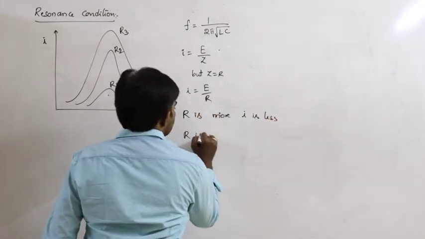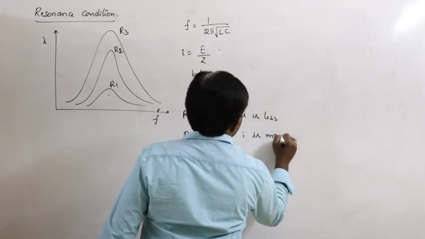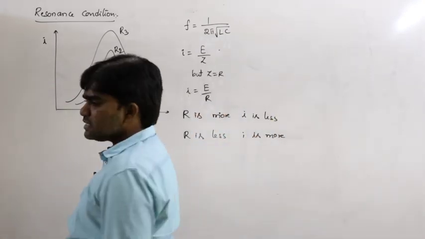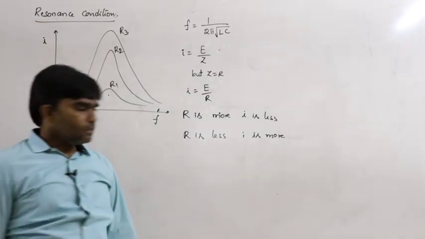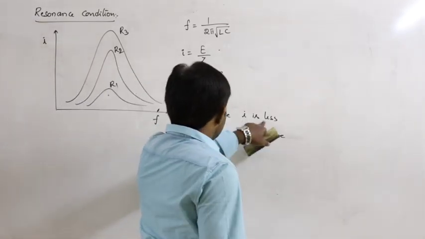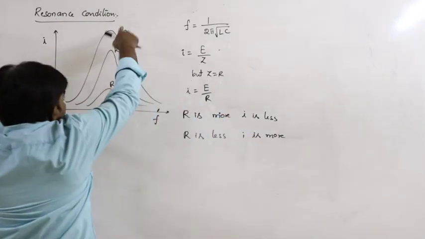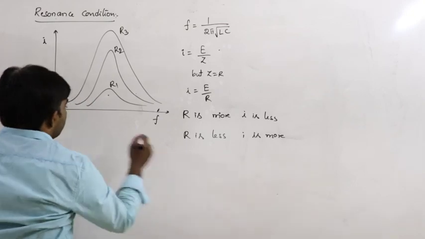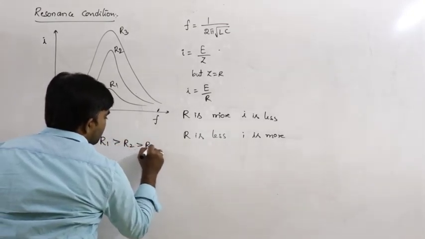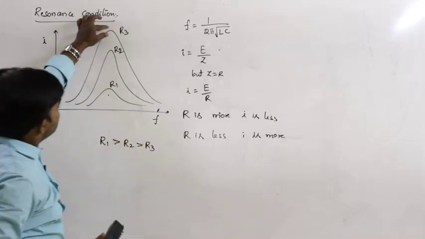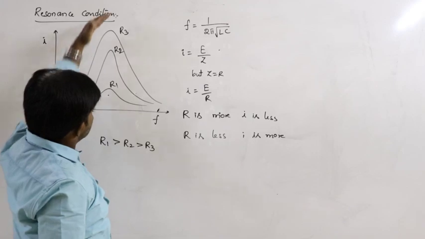If R is less, then I is more. That means based on this, which one is more here? Definitely R1 is greater than R2 is greater than R3. R3 is minimum because the current reaches the maximum peak value here, sharpness.